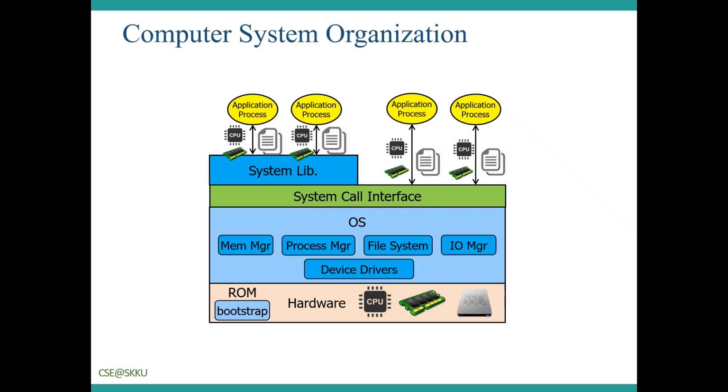Thanks to virtualization, each application sees its own virtual CPU and memory, as if it is the only one using the system resources. Also, applications don't need to deal with the complexities of hard drives directly. They can simply save and load data through an easy-to-use file interface.